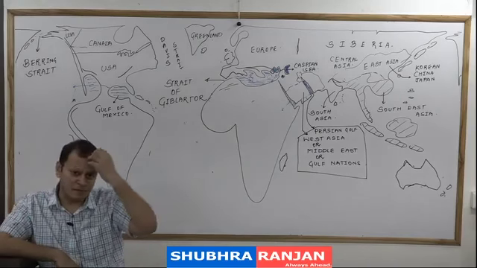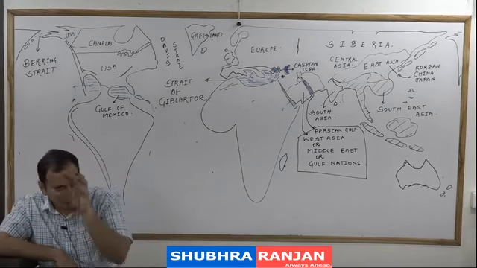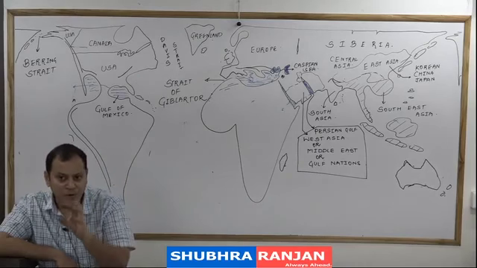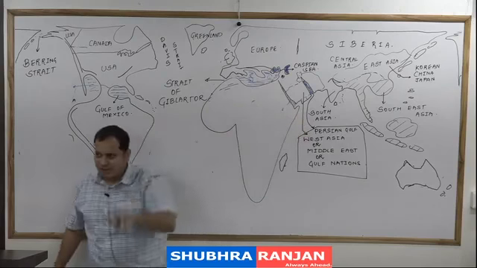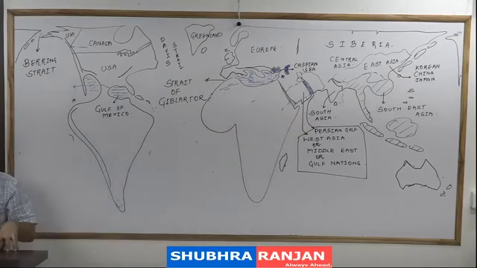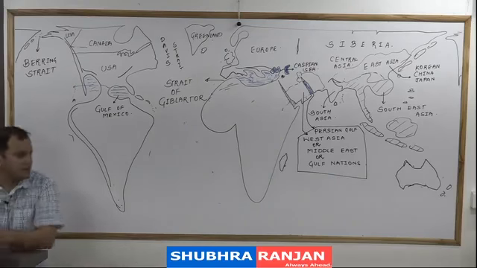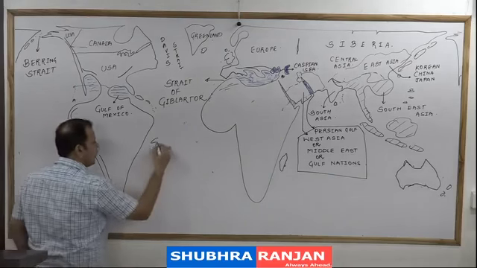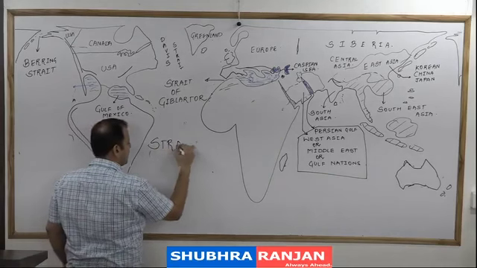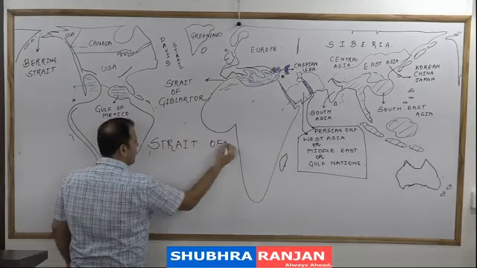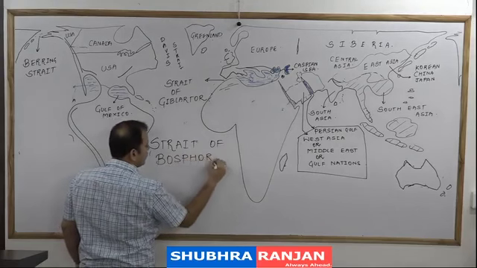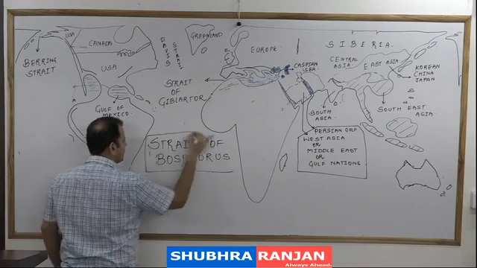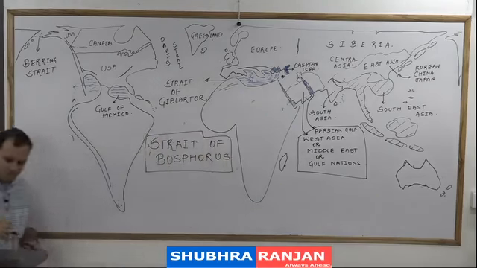उसके लिए हमें एशिया का मैप खोलना पड़ेगा, कोई ज़रूरत नहीं. I want you to remember one of the most important straits which separates Turkey, or in other words which separates Asia from Europe, or you go to the same portion in the physical map and you will see something known as the Strait of Bosphorus.